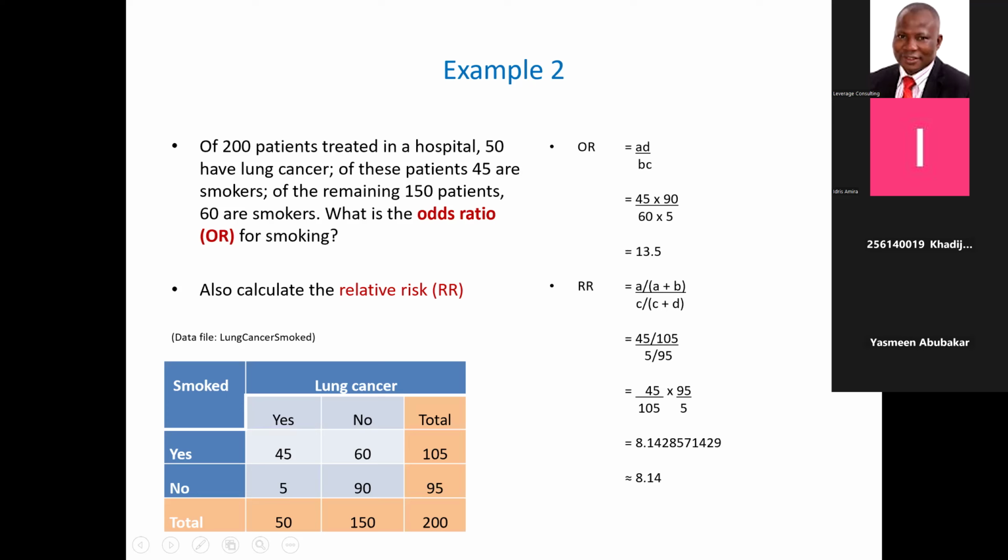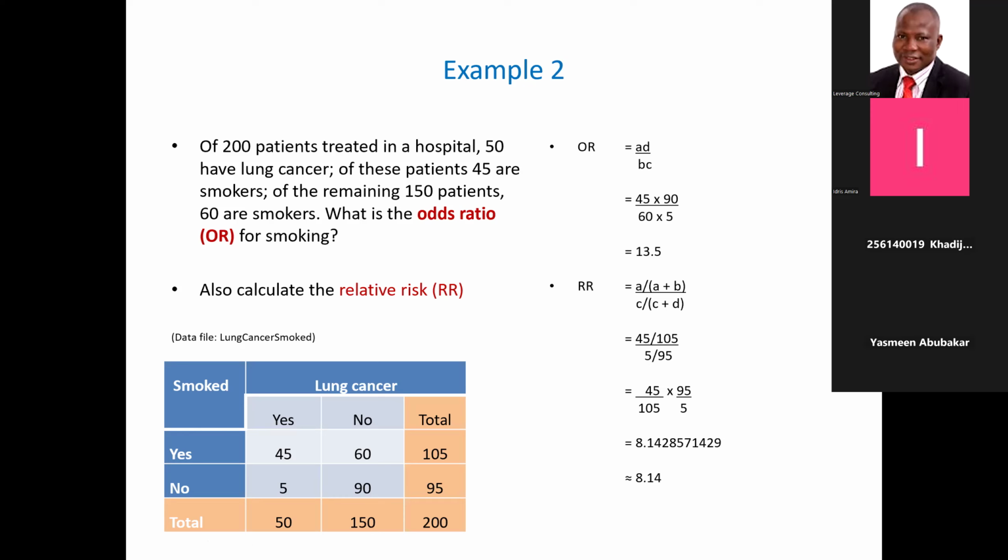Now, 50 people that have lung cancer. How do you know the odds of smoking? For you to calculate it from the concept of risk, let's say you are thinking of the risk of smoking among the people that have lung cancer. We know that you are not calculating risk, but you can calculate odds through the risk.